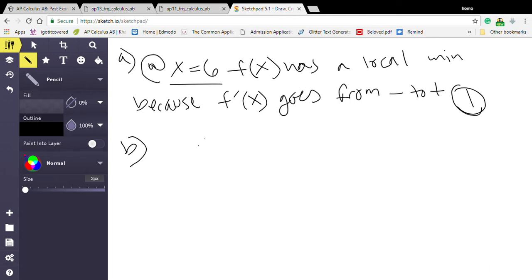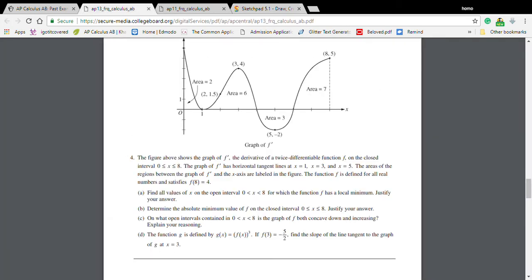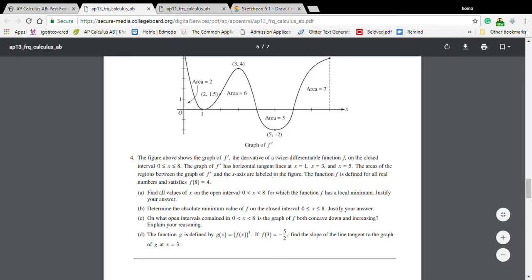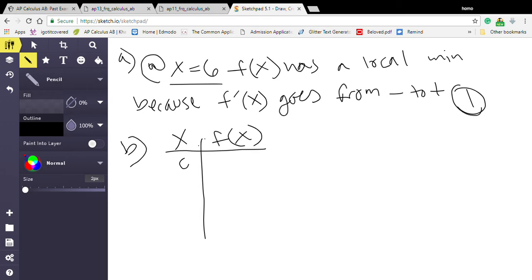Since we're trying to find the minimum value, we also use the local minimum we have. So we make a table, with the endpoints 0 and 8, and the local minimum at 6.